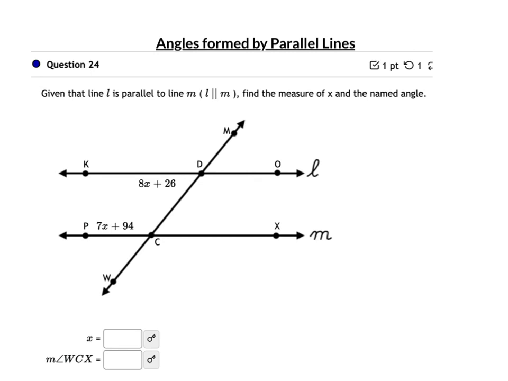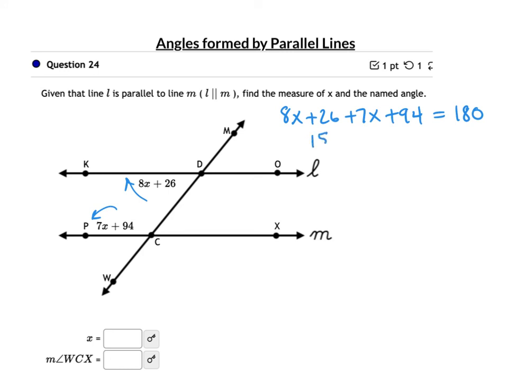Last example, and this is the one that trips students up because same side interior angles are not congruent. They add to 180. So this angle and this angle are not congruent. They're on the same side of the transversal on the interior of the parallel lines. They add to 180. So 8x plus 26 plus 7x plus 94 is equal to 180.